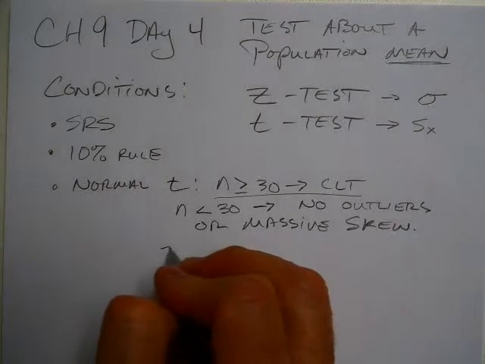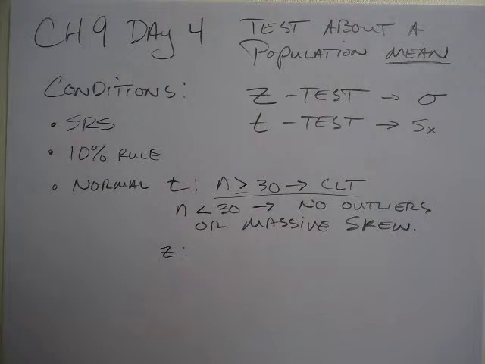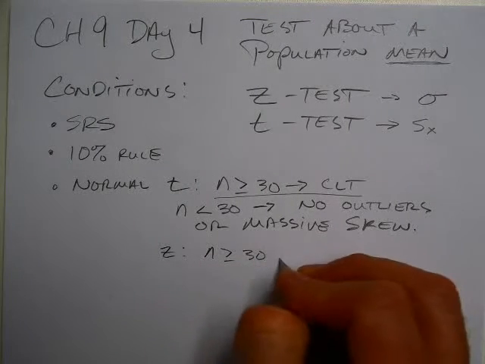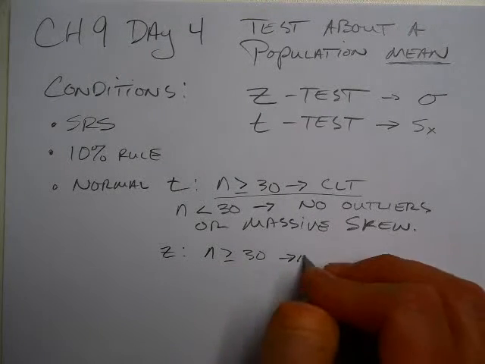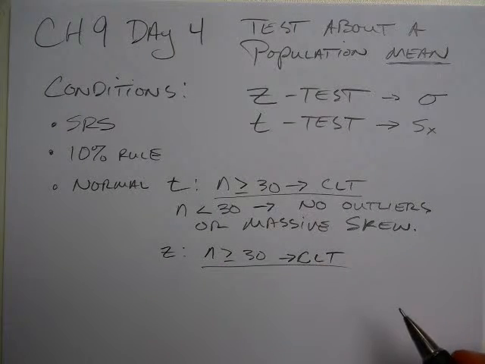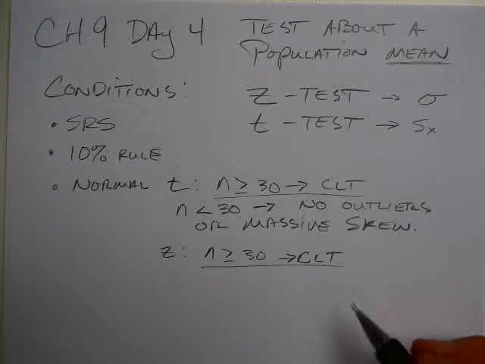If it's a z, then it has to be normal. So n is greater than 30, then you have the CLT, and you're good. Or the graph looks at least roughly normal.